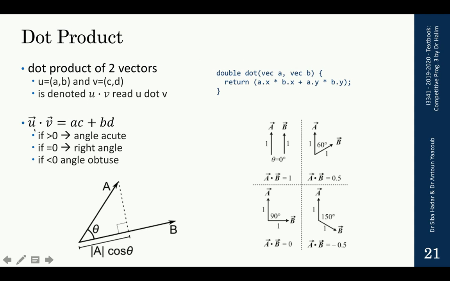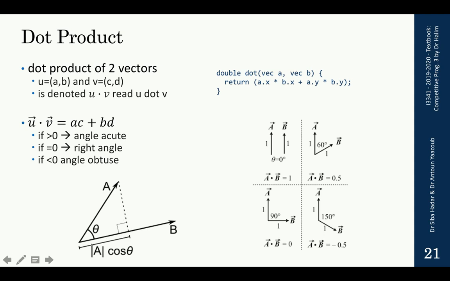This value indicates the following. If this returned value, the dot product, is positive, then we can conclude that these two vectors form an angle that is acute.